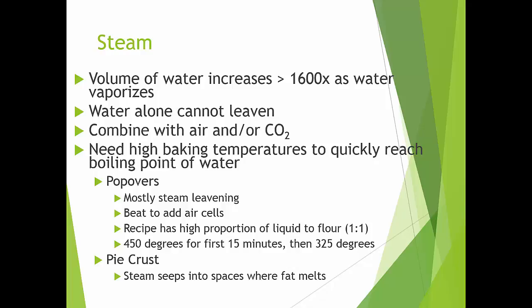And the recipe also has a high proportion of liquid to flour. So there's a lot of liquid in there to evaporate to cause all this steam to leaven the product. It's also cooked very quickly at a fairly high temperature, 450 degrees for the first 15 minutes, then you lower it down so that you don't burn the top.